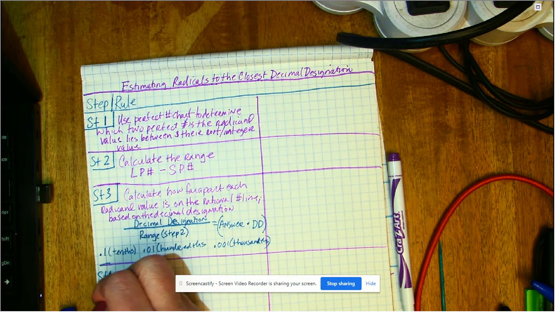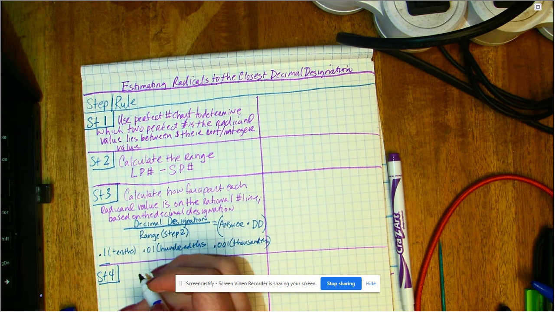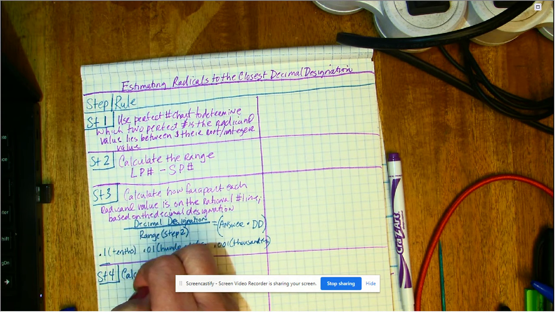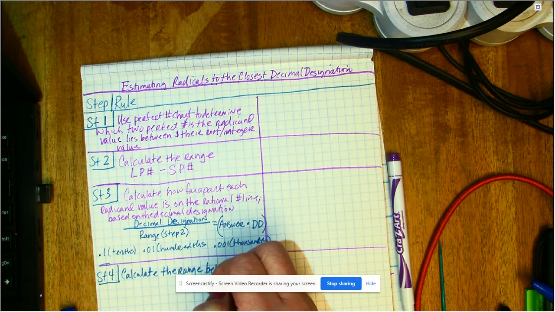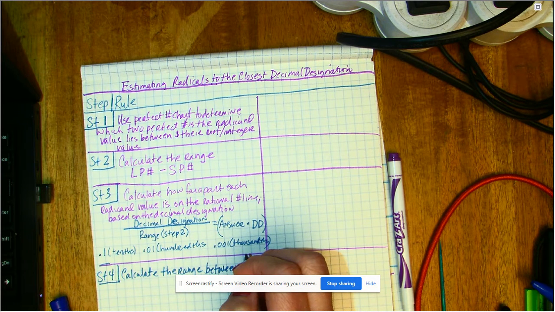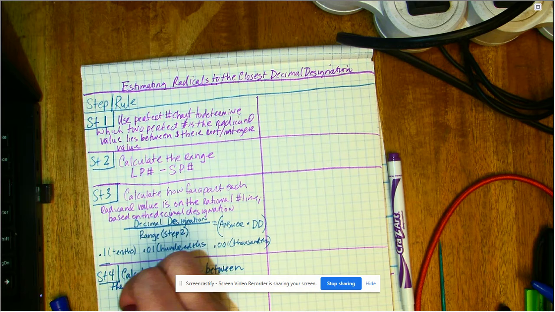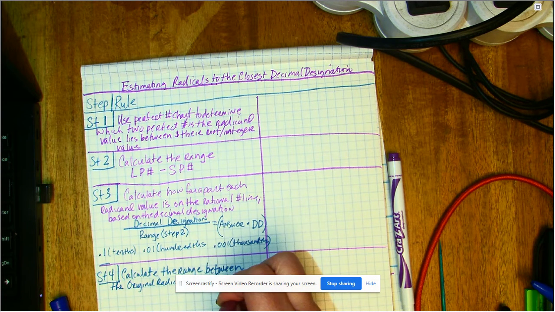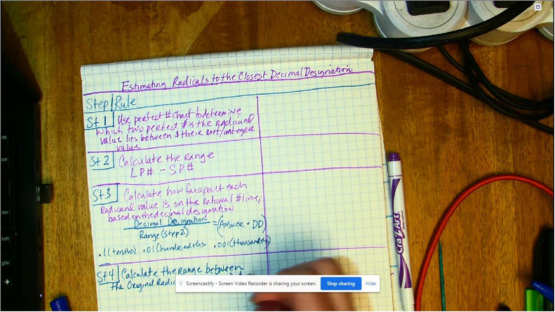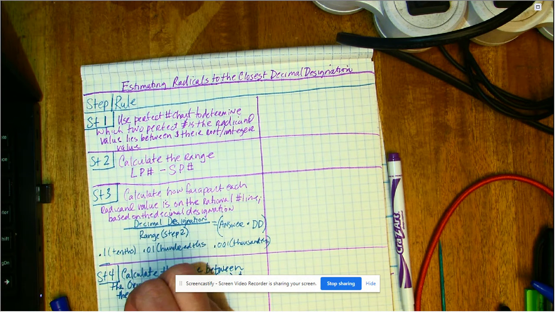Step 4. Calculate the range between the original radicand value, or the ORV, and the SP, smallest perfect number.